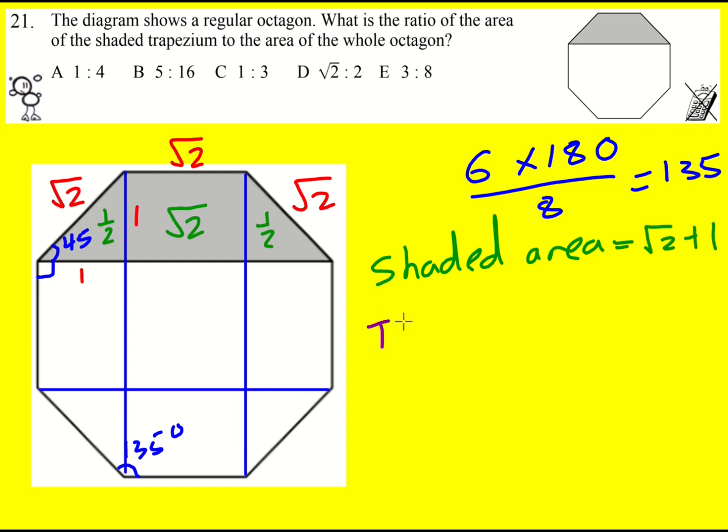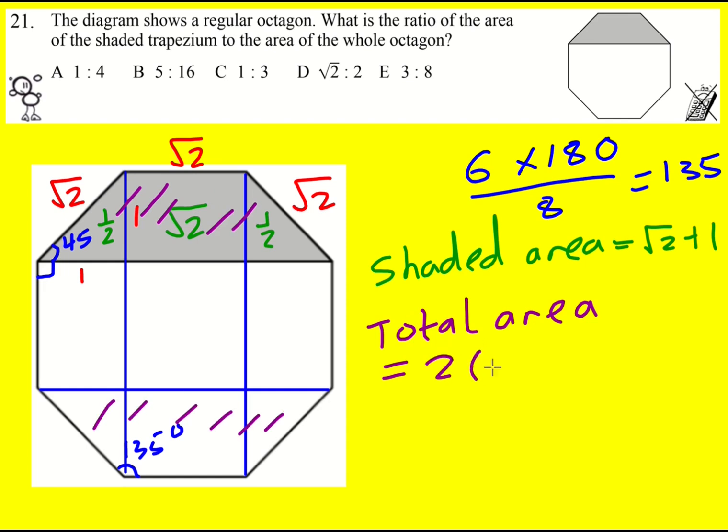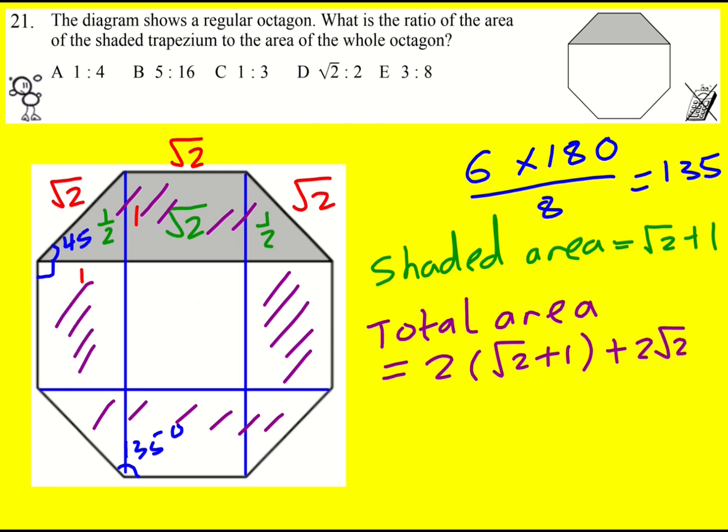And now I need to know the total area. Well, I've dealt with this bit, and this bit is going to be exactly the same. So I can just say that it's 2 times root 2 plus 1. And then if I add on, this is another root 2, and this is another root 2. So 2 root 2.